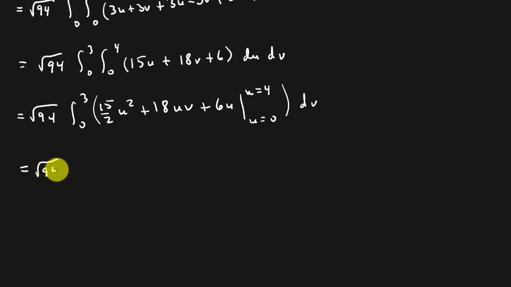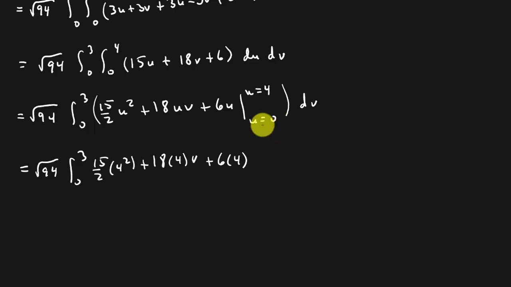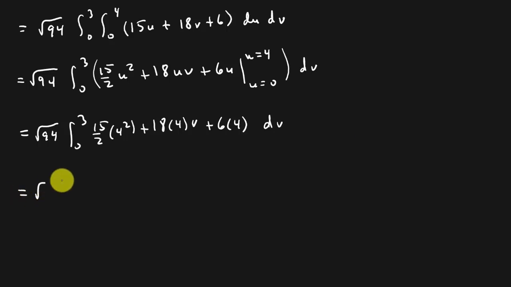So we plug all this stuff in. That's going to be square root of 94 from 0 to 3 of 15 halves times 4 squared plus 18 times 4v plus 6 times 4. And of course, when we plug the 0 in, we just get 0, dv. That is going to be 144 plus 72v, dv.